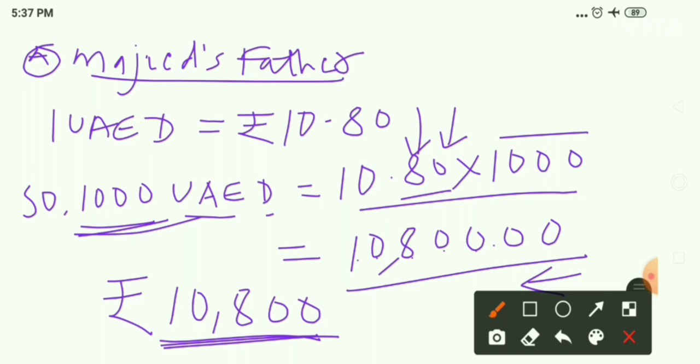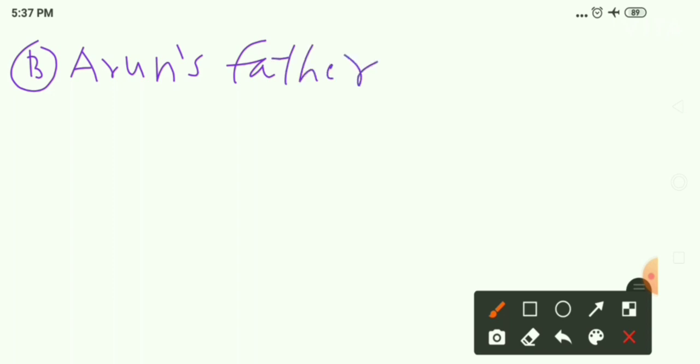Now let's make a solution for B, and B means Arun's father. So write the heading for Arun's father. Let's see how many Indian rupees Arun's father, who is working in Sri Lanka, is getting. So according to the table, one Sri Lankan rupee makes 0.37 Indian rupees.